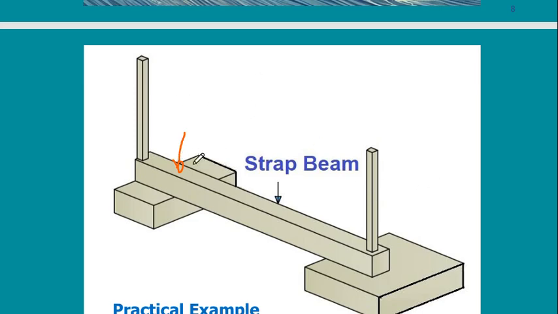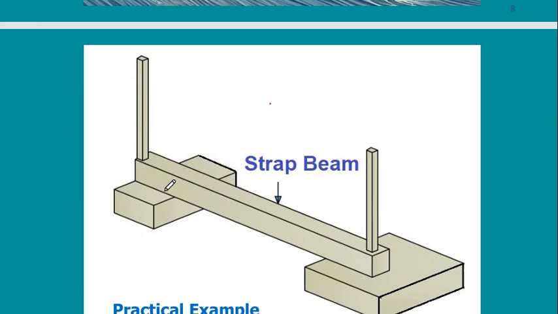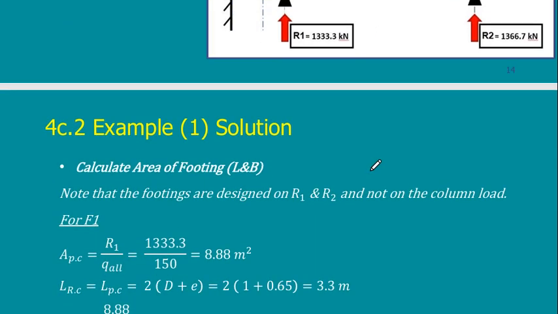But I'm just going to put it in the opposite direction just to show you that it is the imaginary one. This is my first, and this is my second. This is R1 and R2. So I now need to design this. The point here is the CG of this footing. So I need to design this footing based on R1, and this footing based on R2. So this is what I'm going to do.